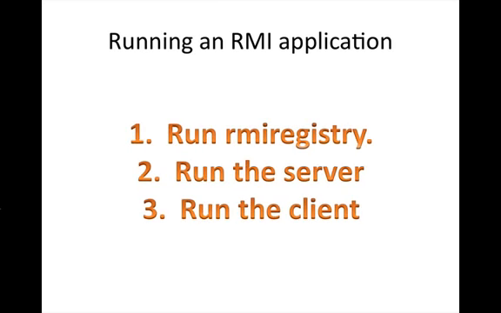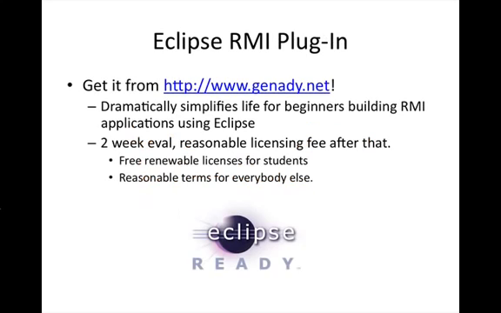Once we have the implementation done, we can run it also in just a three-step process. First of all, we need to run that RMI registry that we referenced earlier. Once that's up and running, we can run the server, which will then register with the RMI registry. And then finally, we can run the client, which will connect to the RMI registry to actually locate the server.